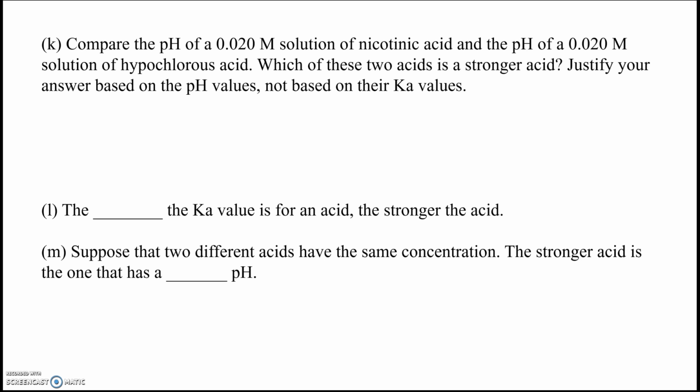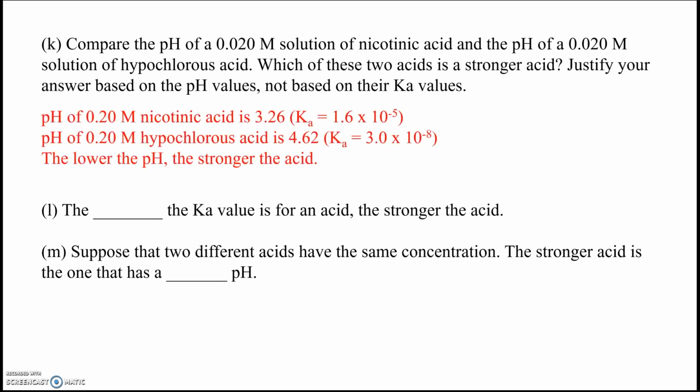All right, now we want to compare the pH of a 0.020 molar solution of nicotinic acid and the 0.020 molar hypochlorous acid. So we're looking at a comparison of the previous 2 problems we've worked. Which of these is a stronger acid based on pH? Well, the nicotinic acid was 3.26, the hypochlorous was 4.62, and the lower the pH, the stronger the acid.